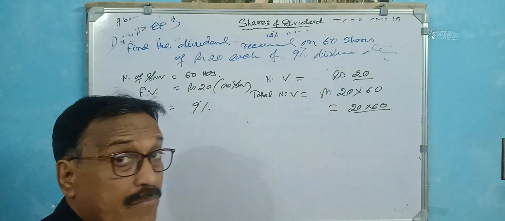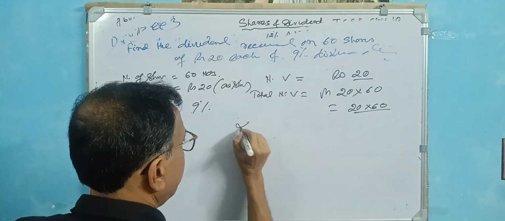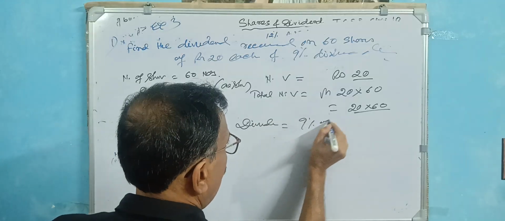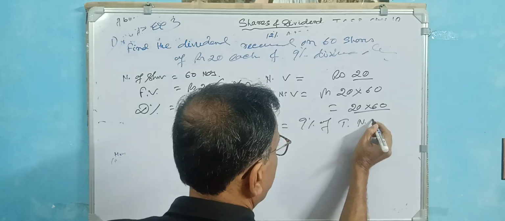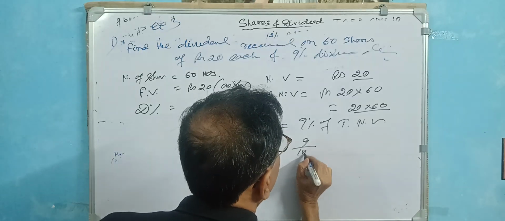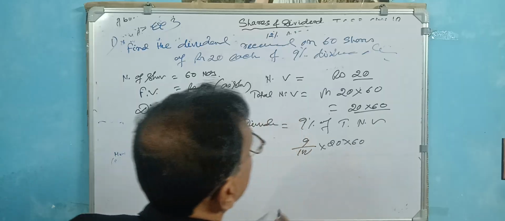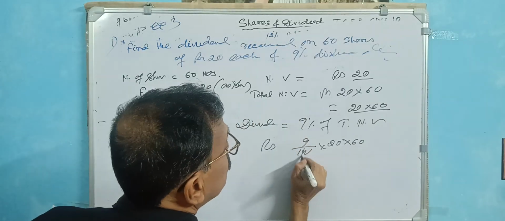Clear? Now the dividend is 9% of the total nominal value: 9 by 100 into 20 into 60. This is the total dividend.